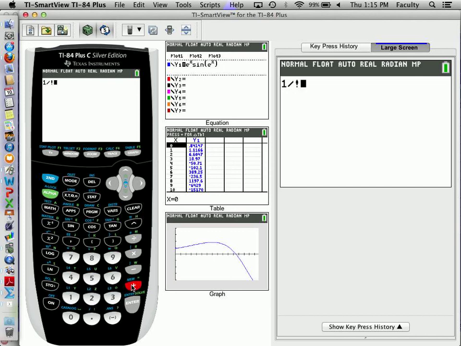Oops, I forgot my 0, didn't I? So, and then I can do plus 1 divided by 1 factorial, plus 1 divided by 2 factorial, plus 1 divided by 3 factorial.